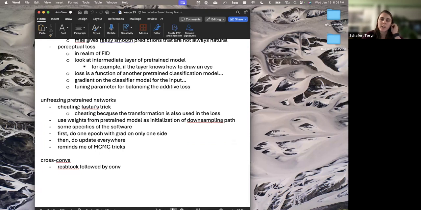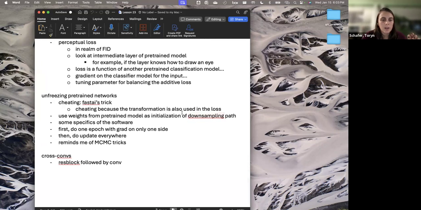He says this is cheating because remember in a perceptual loss, we're using this pre-trained network to calculate part of the loss. So he says it's cheating because the weights are being both used in the model and in the loss.